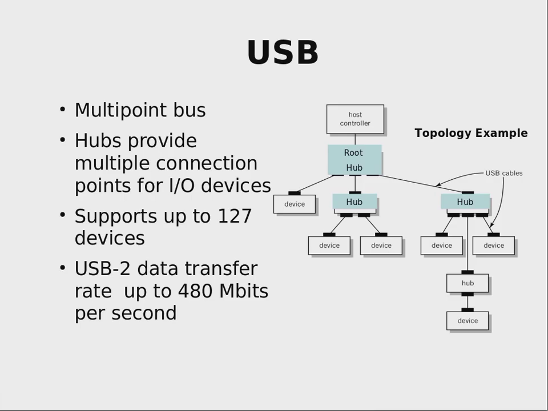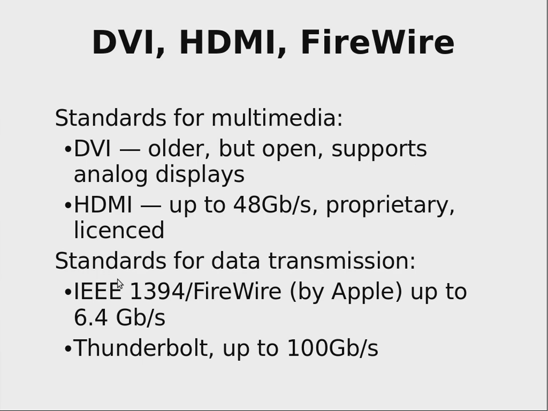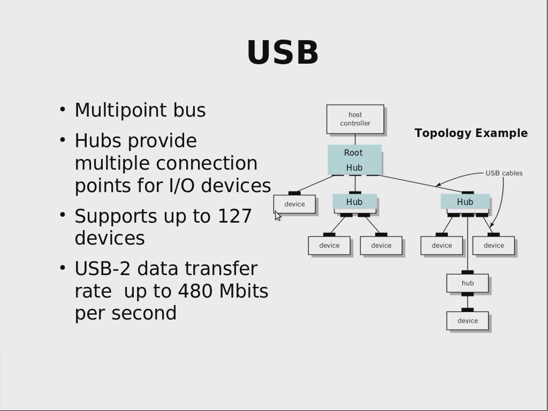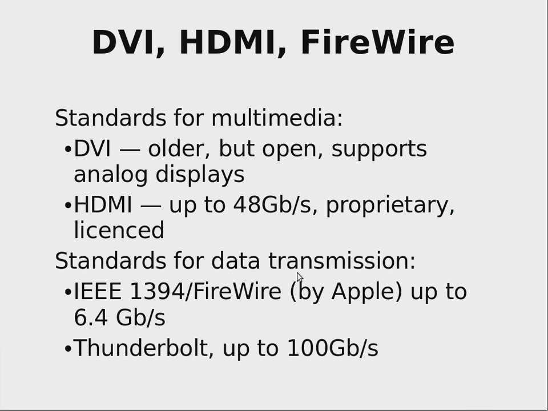Blue ones say that it supports USB standard 3, which is faster, and if it's black then it supports USB standard 2, which is slower. Probably none of your devices uses USB standard 1 anymore.